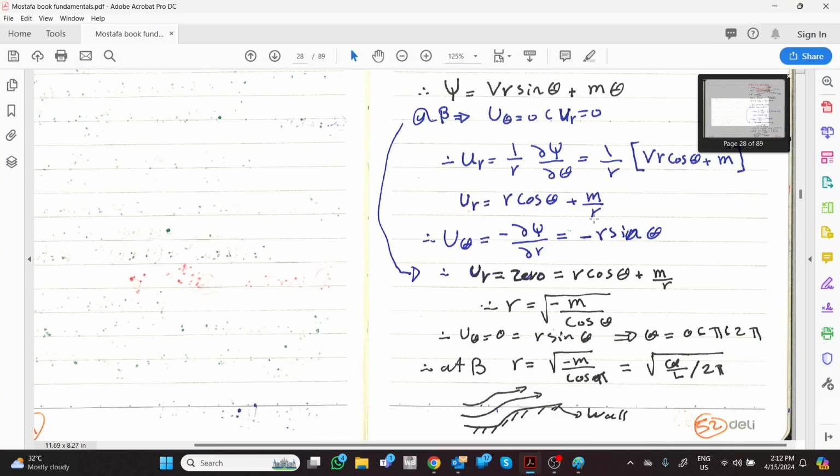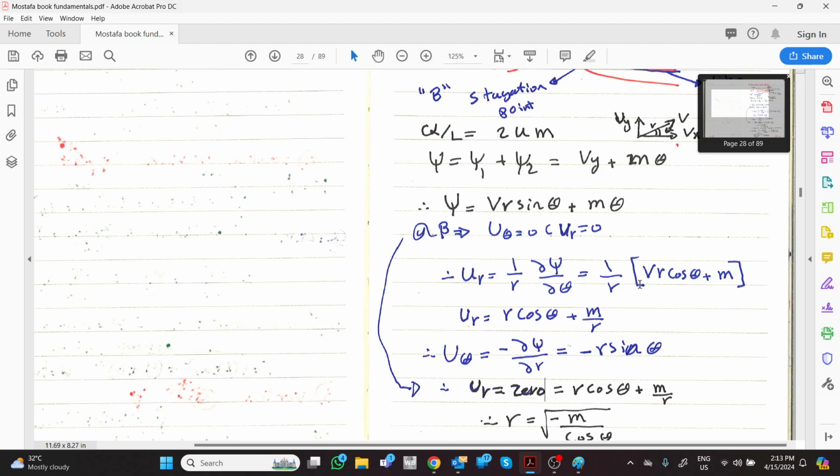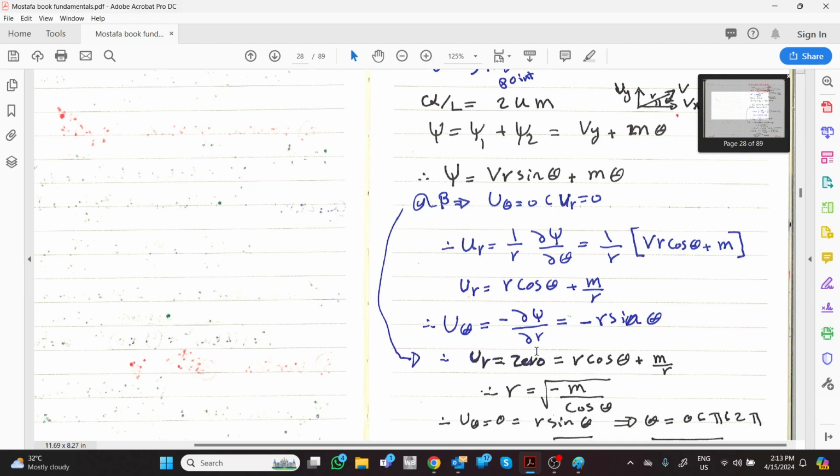So let's return back. There is here just a small mistake. r will go by r here. And for this, the derivative is v by r, so it will be v sine theta. r will be by y. So here there's no r, it is v sine theta. And this one is r by r, so it is v cosine theta plus m over r. Okay, so this one is also v, and this is v, these are not r's.